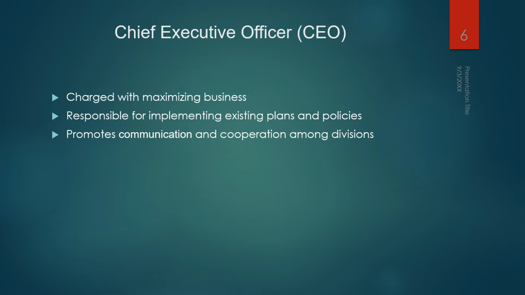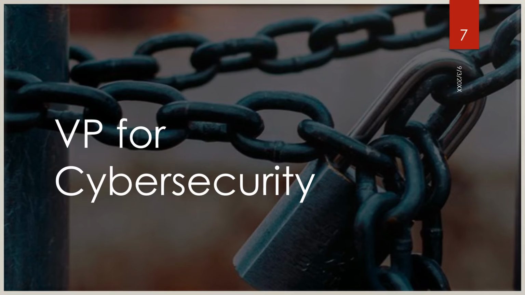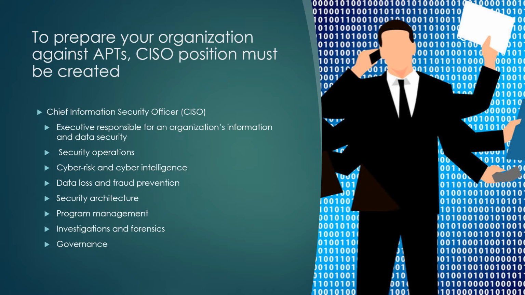It also promotes communication and cooperation among divisions and many other responsibilities. Then we have the Vice President for Cybersecurity position, and this position oversees the next one, which is the CISO.